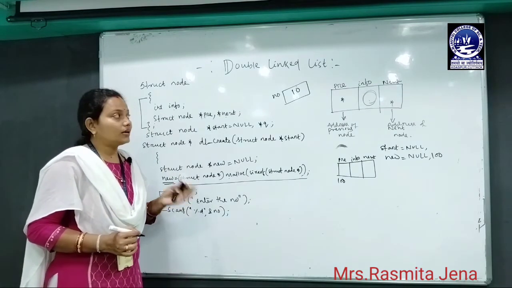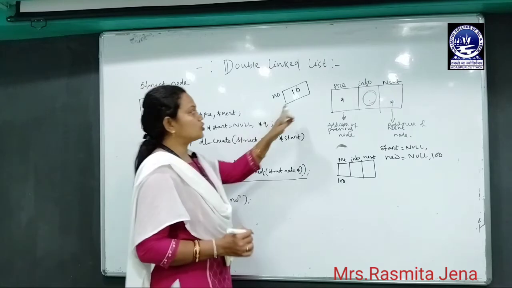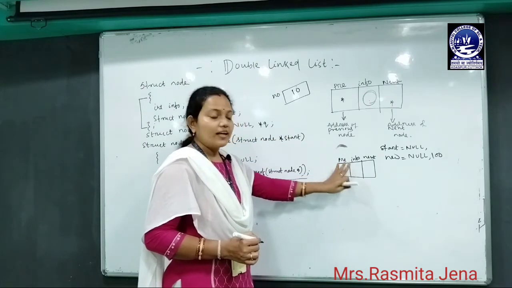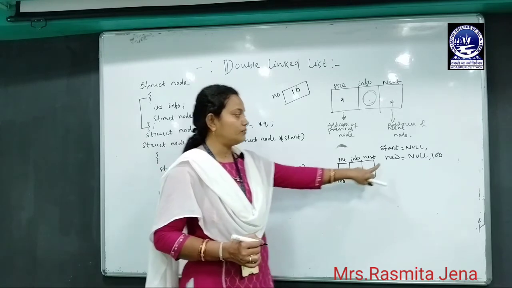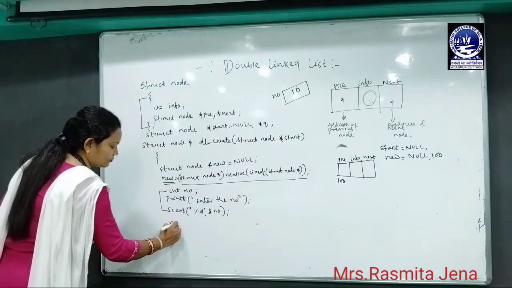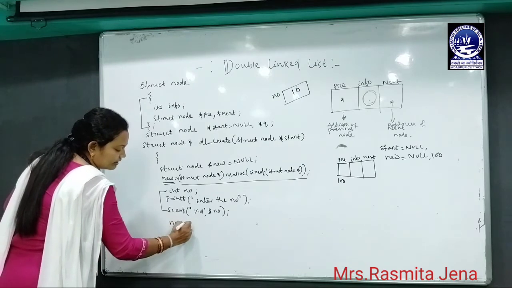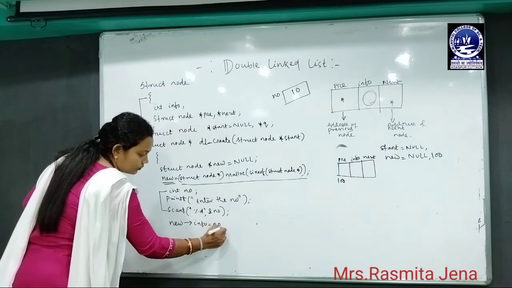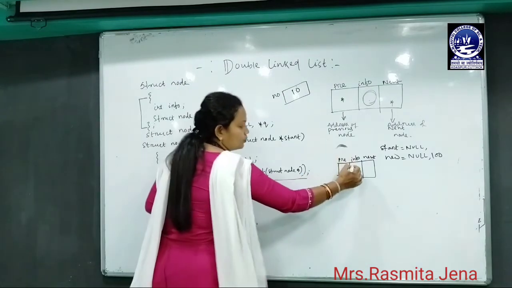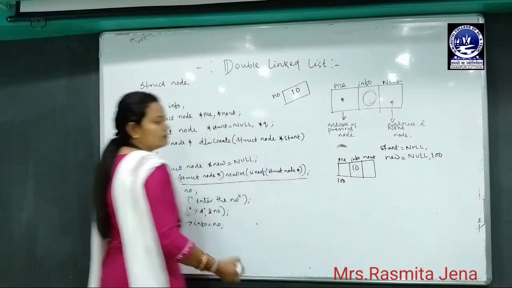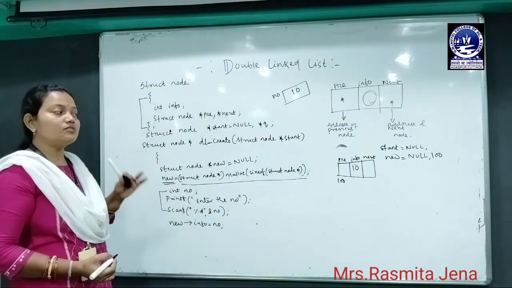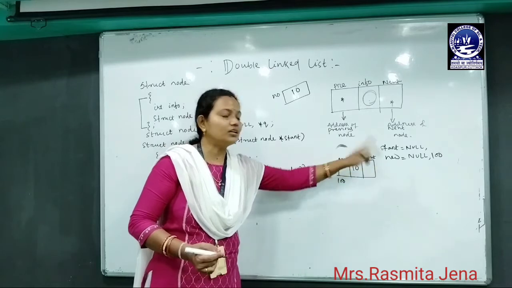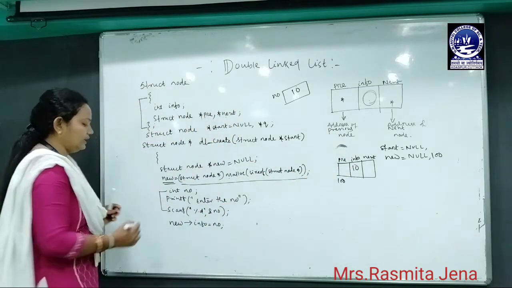Then next what will I do? Next I will store this value at the info part of the node whose address is held by the variable new. For that I can write new->info equals to no. That means at the info part of new I will store 10, and next I will set the null value at the pre part and next part of the new node which is recently created.